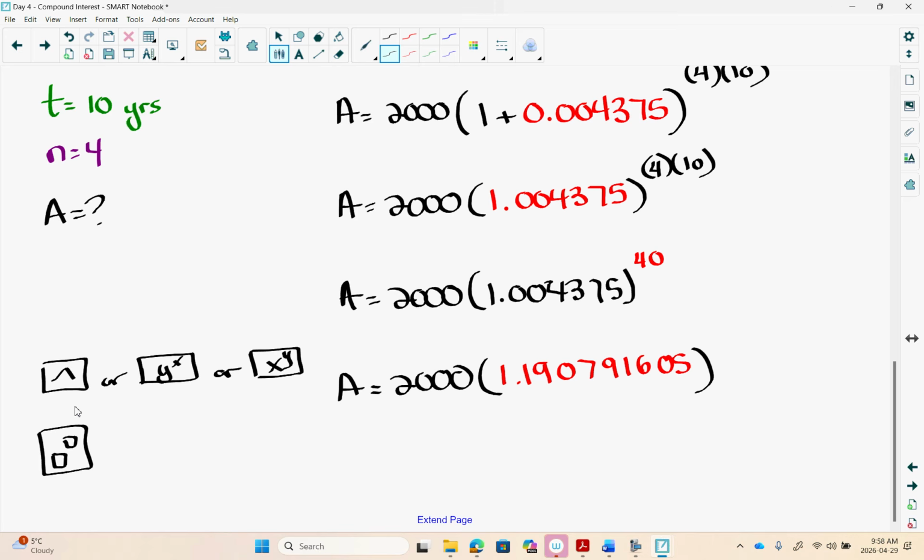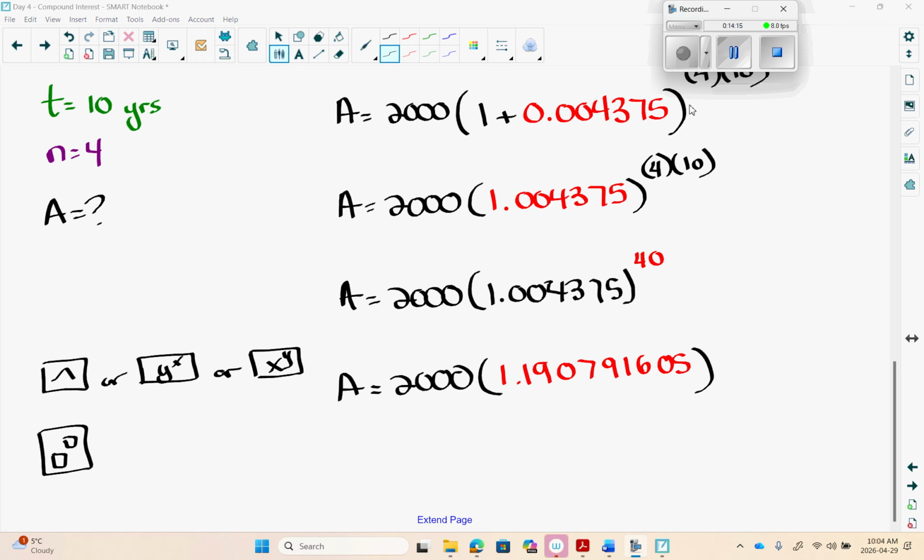But make sure you can find it on your calculator, because you can't come up to me on the test and say, oh, I don't know where the exponent button is, and then expect me to punch it in and do your calculations for you. I'll do that today and I'll do that tomorrow and I'll help you figure that out. But when it comes test time, you need to know how to do that. Is there anyone who can't find the exponent button on your calculator? If so, come up here, I'll pause the video and I'll show you where it is.